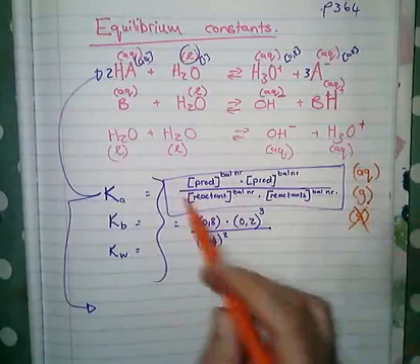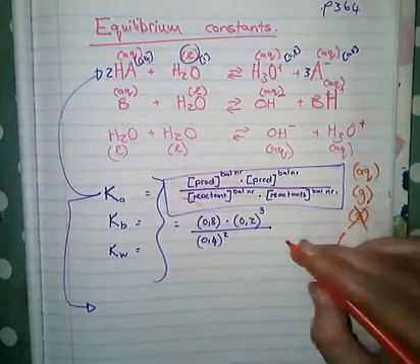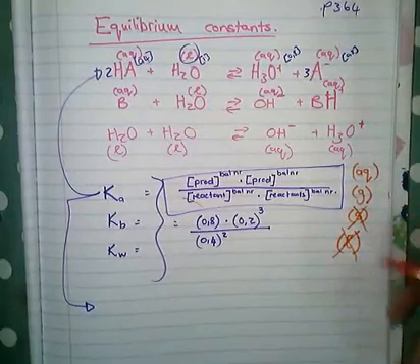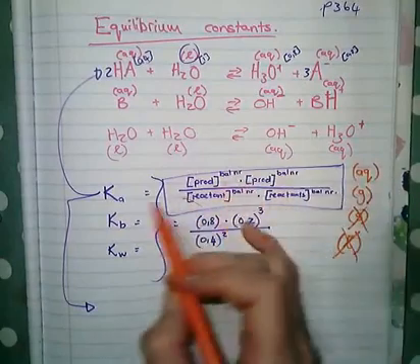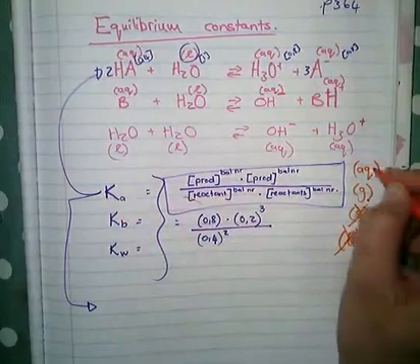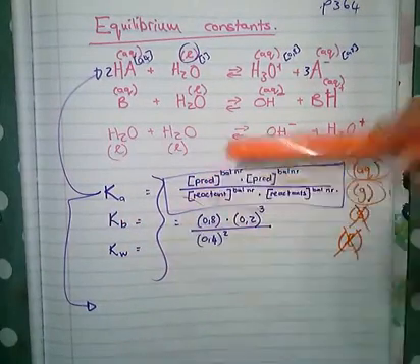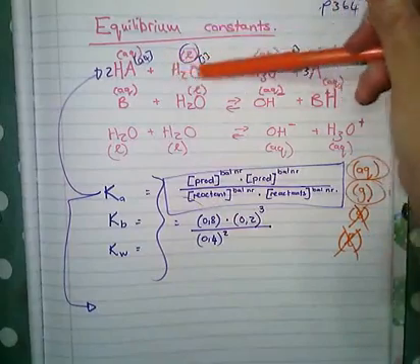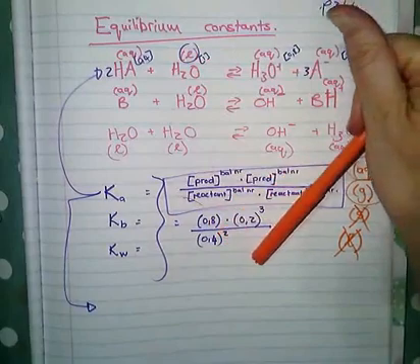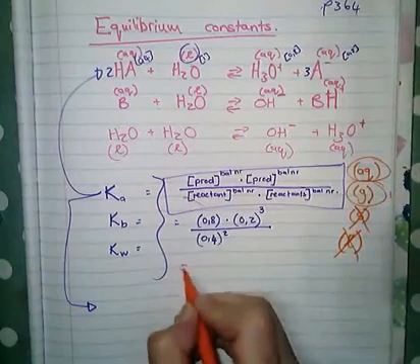So in this case, here we have a liquid, so we're not going to take that into consideration for this calculation. Okay, and then we're going to get an answer, and that answer is going to have no unit because it's just concentrations that we've multiplied and divided, and the units cancel. So that's what this means. The equilibrium constant of an acid, of a base, of water.